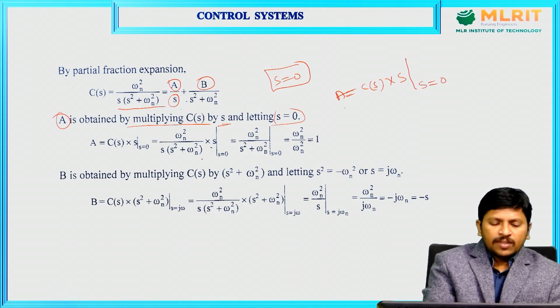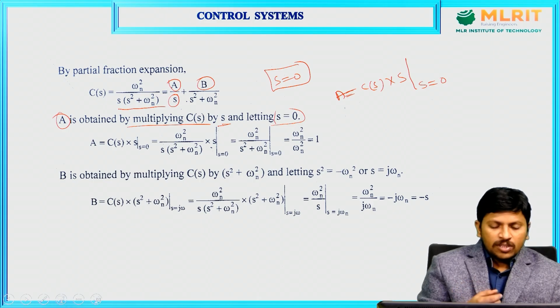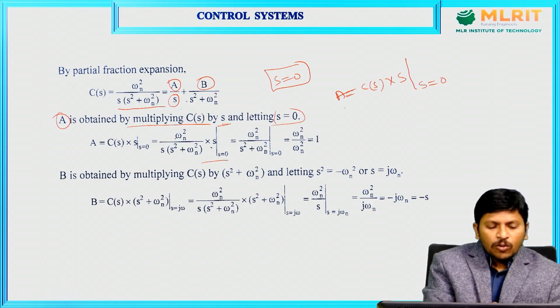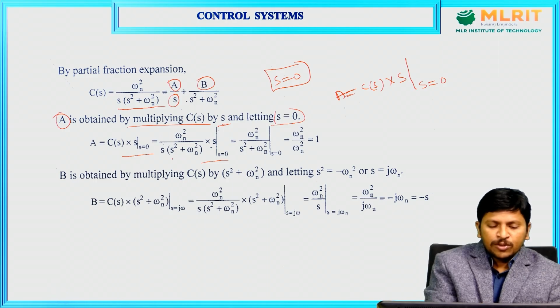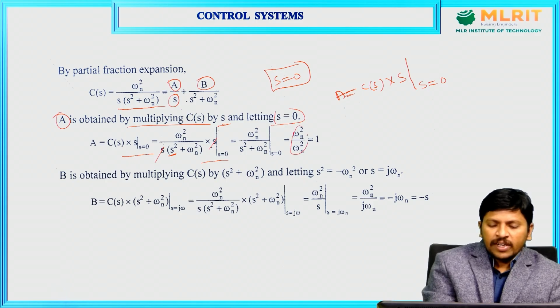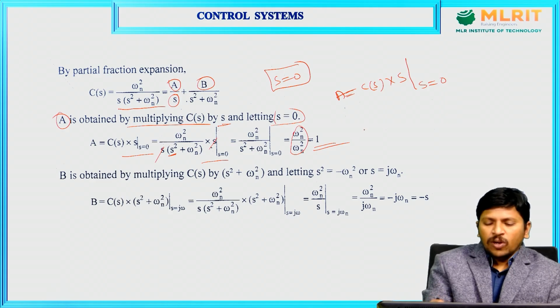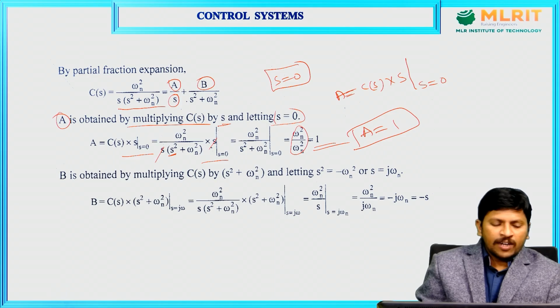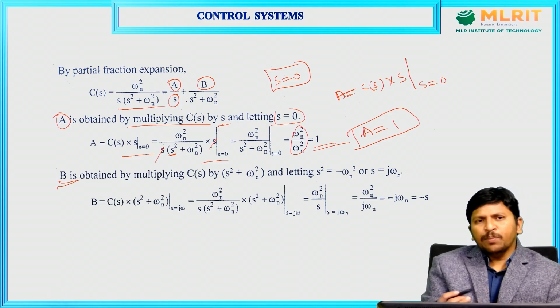Here, omega n square by S into S square plus omega n square, into S. S and S both get cancelled, and S equals to 0, this term is going to be 0. Finally, omega n square by omega n square, both get cancelled, the value is going to be 1. So A equals 1.